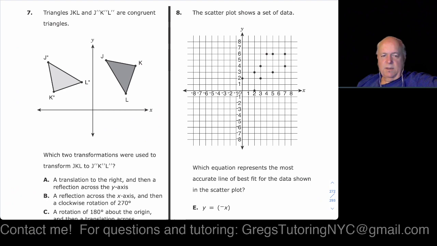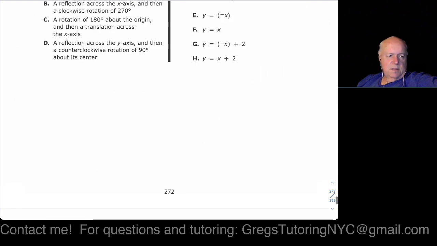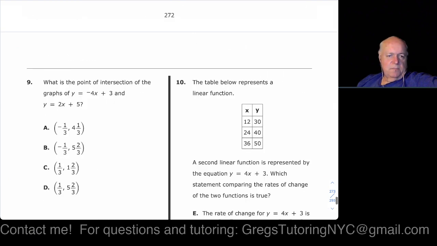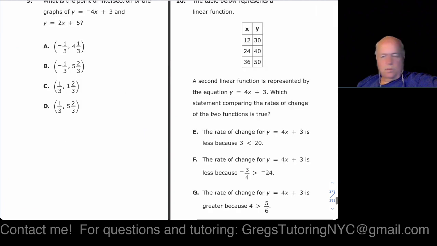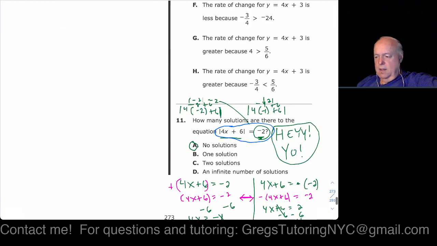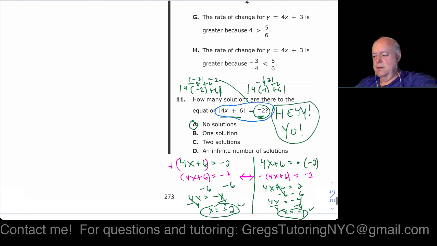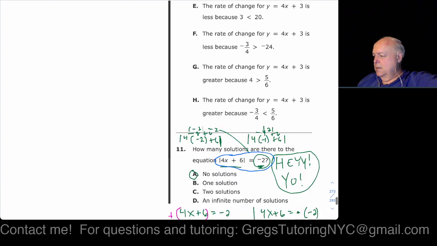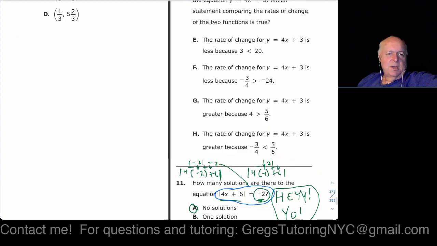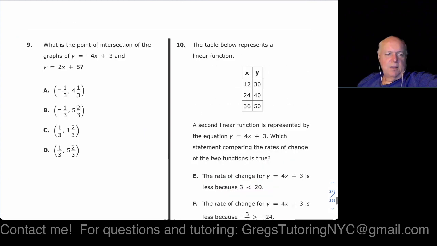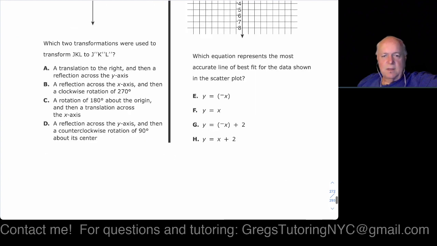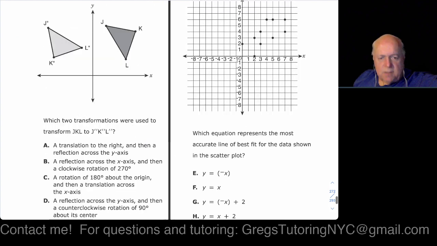What do we have on the next page? 9, 10, 11, 12. There's not really a more superior one to do first here. Let's do the transformation one and see how much time we end up using here. How far along are we? We're into almost 15 minutes.